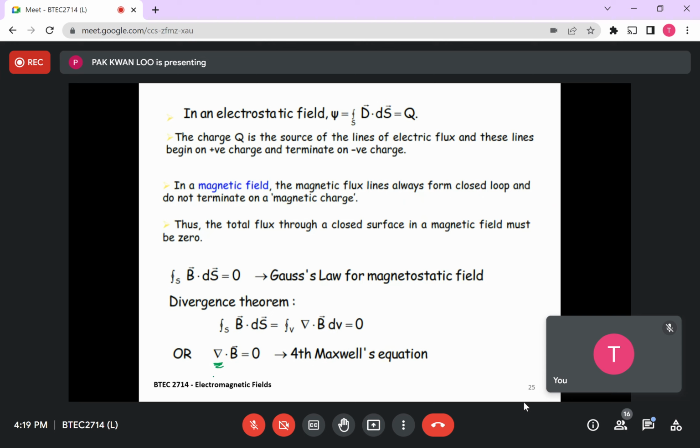So far, how many of them do we have now? You have learned the point form of these. Curl of E for electrostatic is equal to 0.